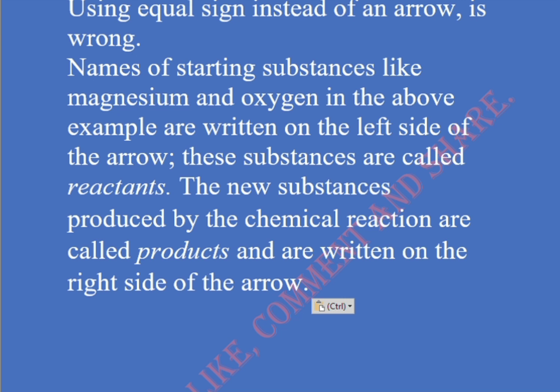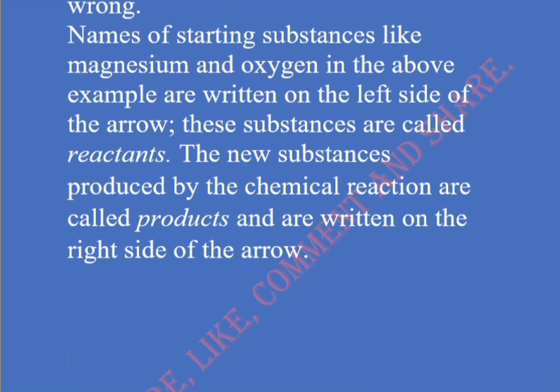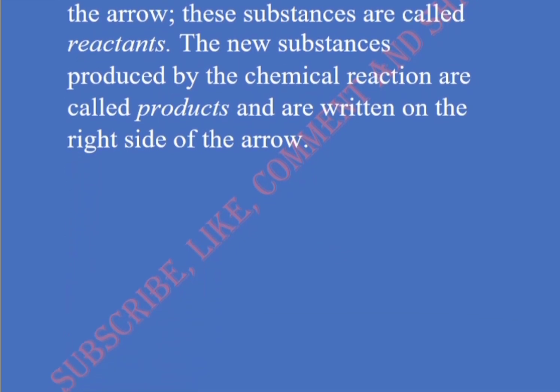Using an equal sign instead of an arrow is wrong. The names of starting substances or starting materials like magnesium and oxygen in the above example are written on the left side of the arrow.